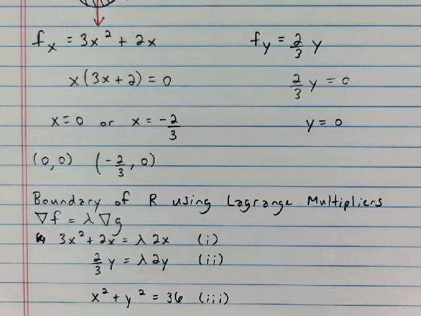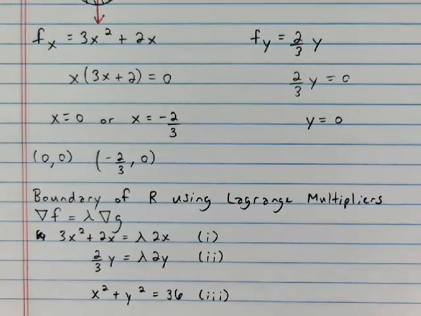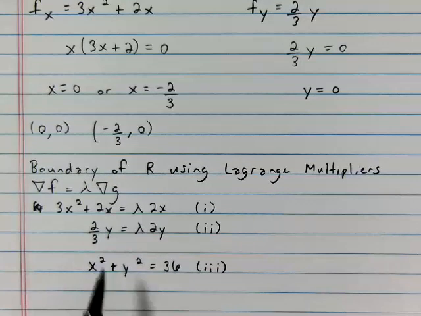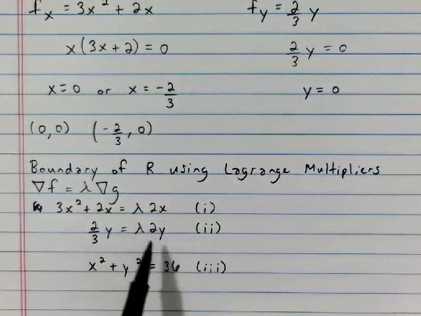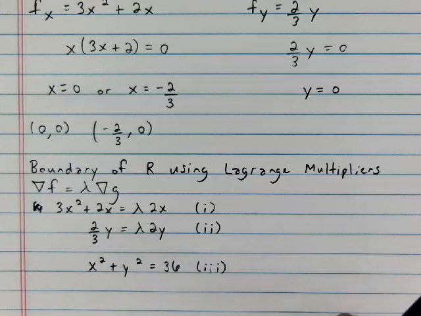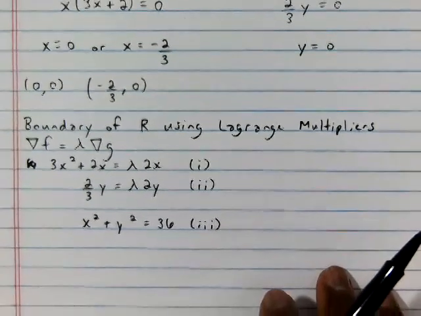All right, so those are our three equations we're going to use. You start wherever you want. Usually you can't start with your constraint, but you can start with whichever one of these two you want. I tend to go for the simplest one, which is number 2. So I'm going to start with that.